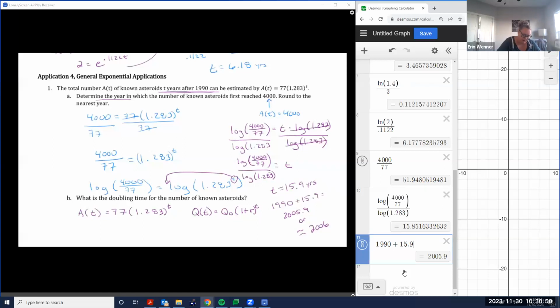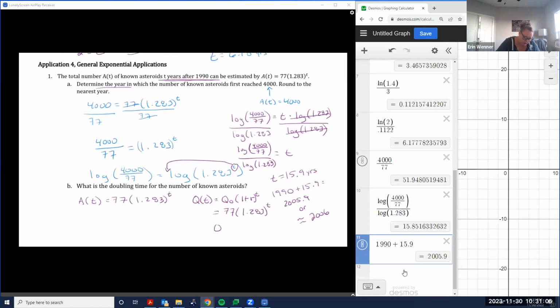So if we compare this, we've got 77 times 1.283 to the t. So looking at how those pieces compare, we can see that our initial quantity, Q sub 0, was 77 because it's in that same position, right? We can see our interest rate in this case, or our growth rate, excuse me, because we're not talking about money, is 0.283, right?